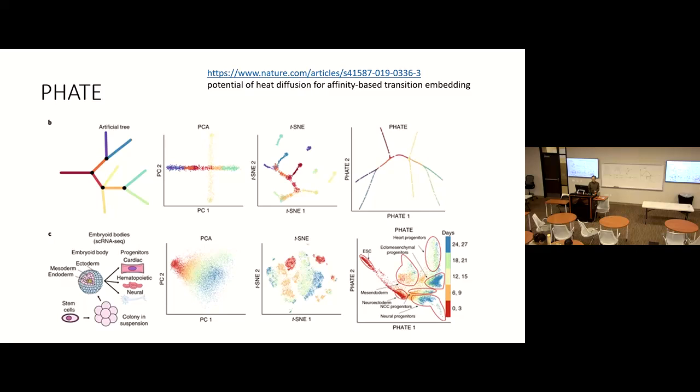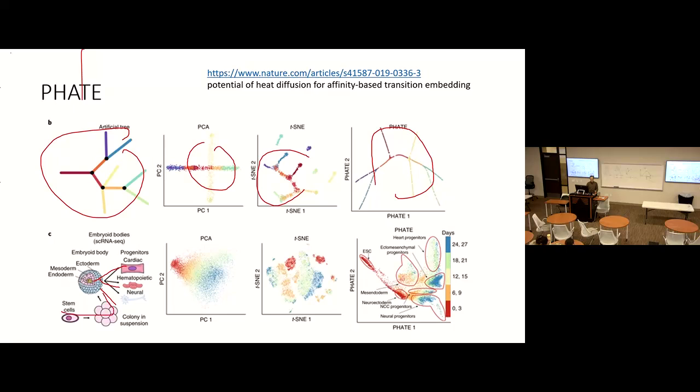So once you have that idea, compare this method with PCA. If you have structured data, PCA gave you this, t-SNE gave you this, PHATE gave you almost the structure you got from the original. And you have data from single cells, with differentiation of cells, time series data, and different states of cells.